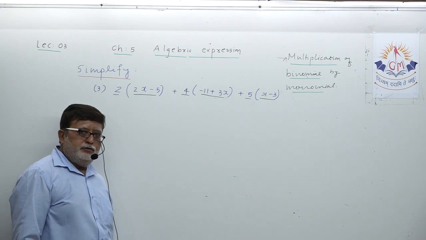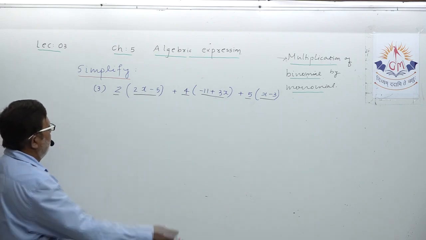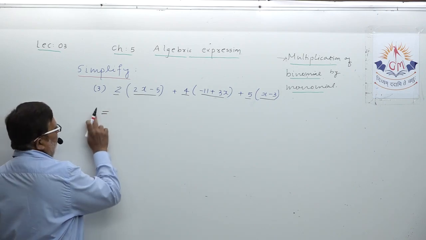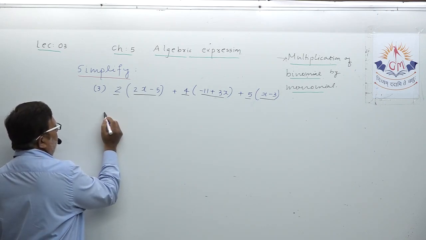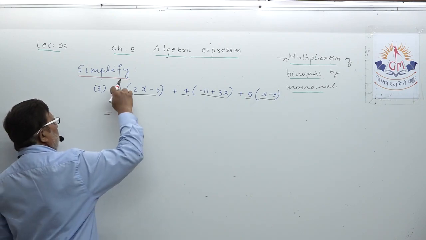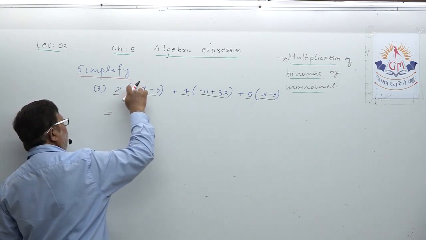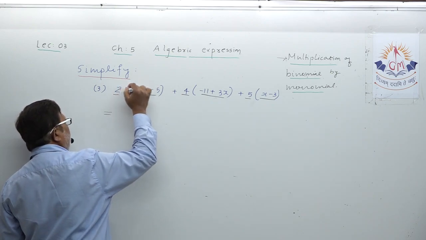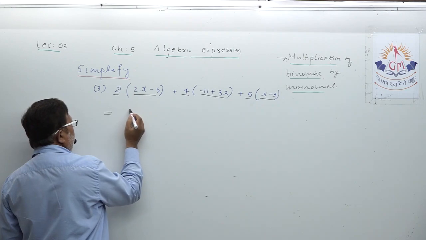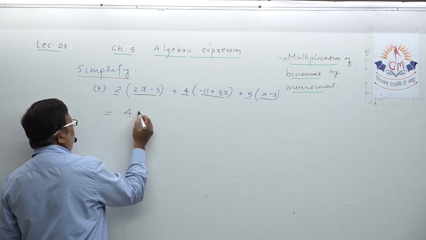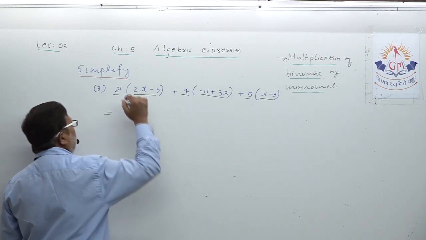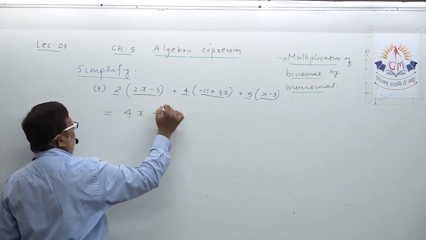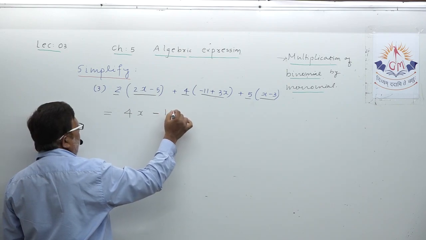Okay, the first, as you all know, we will multiply in the first stage monomial with binomial, means first term 2 into 2x, you can understand it, dear student, 4x plus minus minus 2 into 5, that is 10.